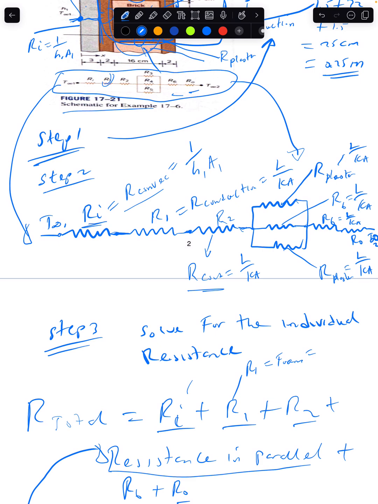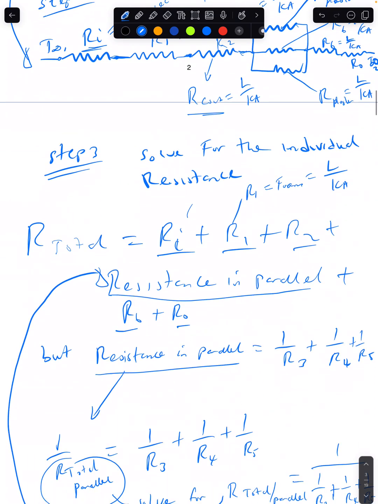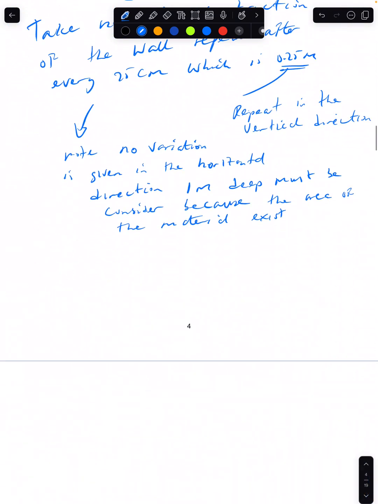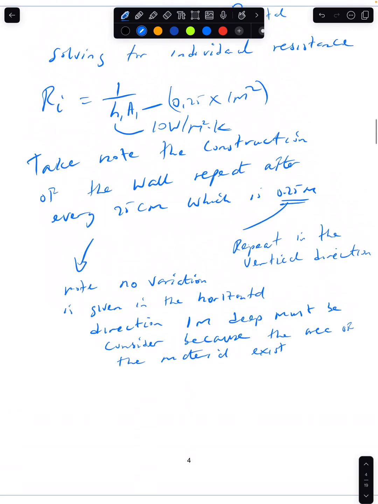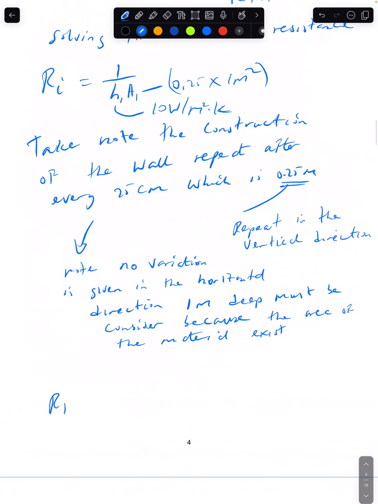The foam gives us a scenario of conduction. So L over kA. So I'm talking about RO1, which is foam, equal to L over kA.